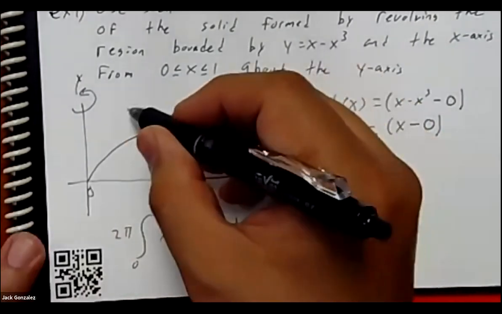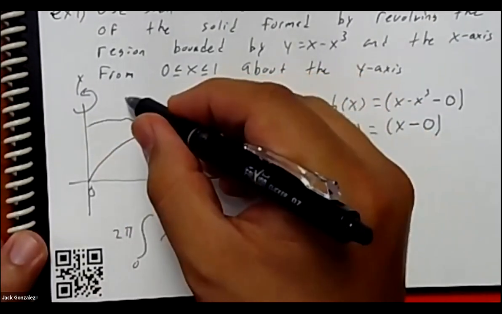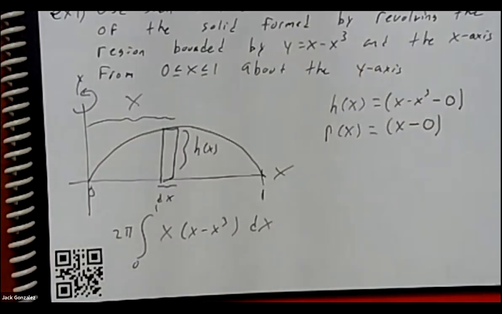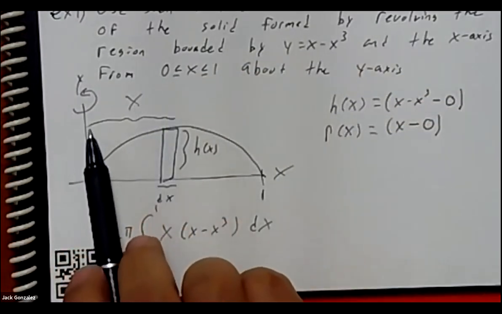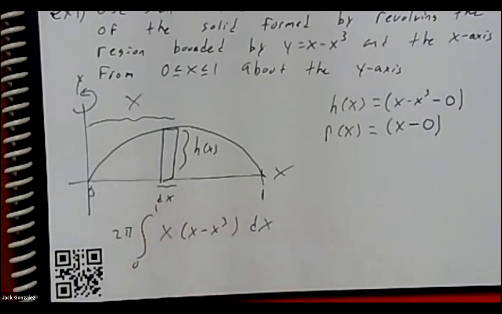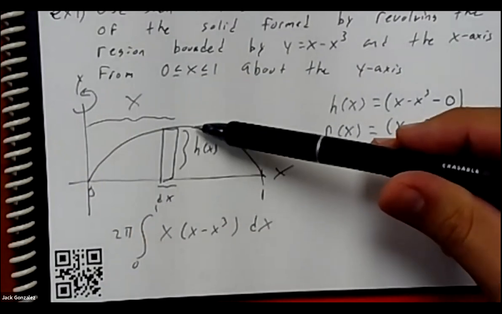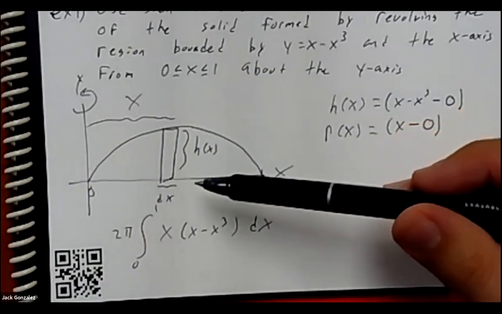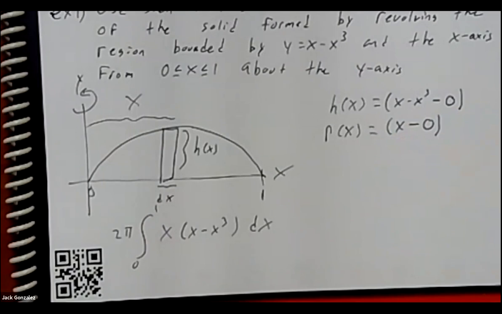Rho is just some distance x minus whatever the axis is. The height is the top of the region minus the bottom. Is that clear?